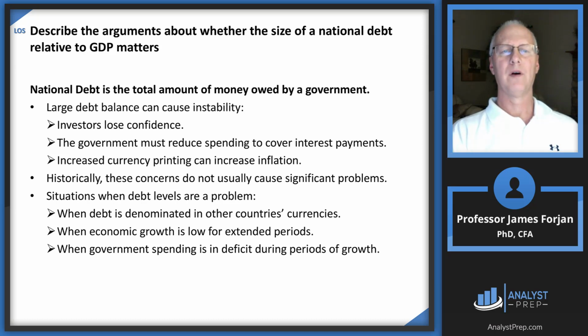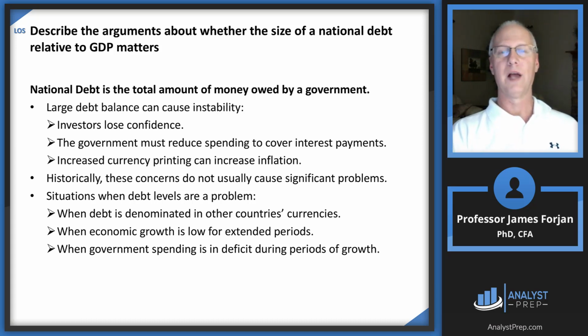How about arguments about whether the size of the national debt relative to GDP matters? Oh, this is a great question. I don't even know if there's a good answer to it, but think about this: the size of the national debt. So if you added all of the Treasury bills, all of the Treasury notes, all of the Treasury bonds outstanding as of late 2018, you're going to get a big number.